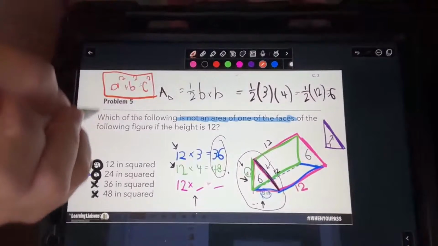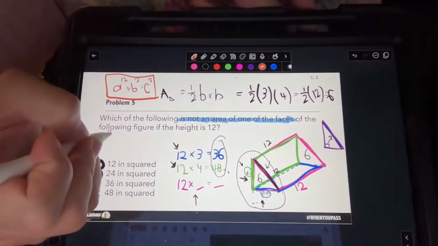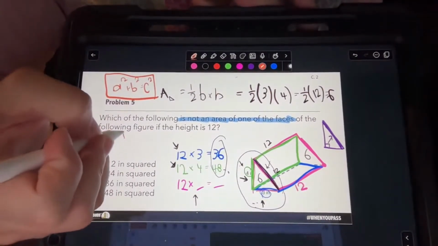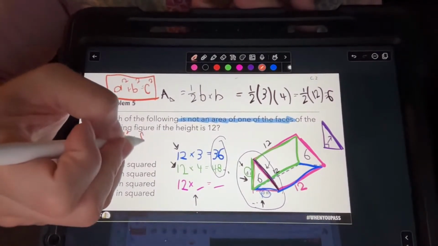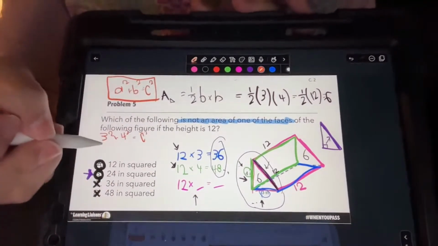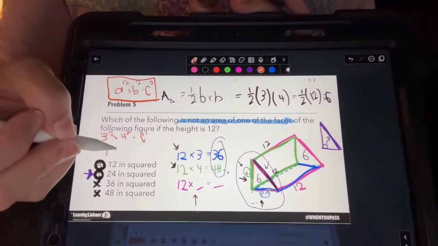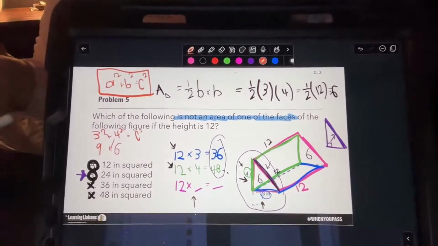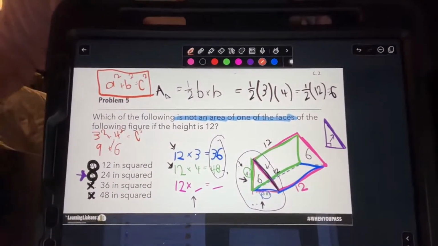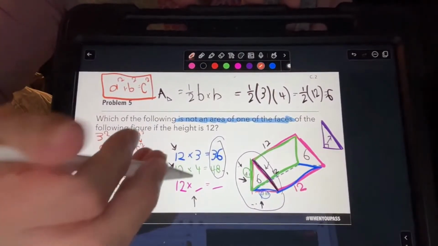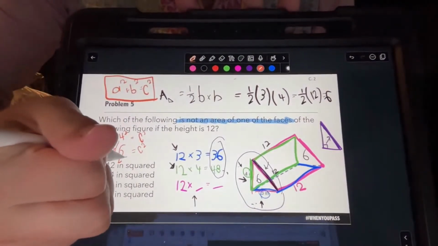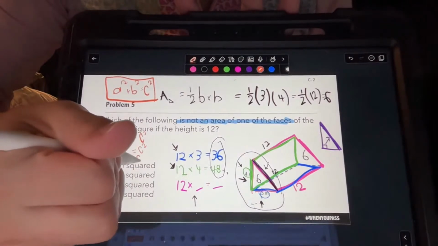So I can plug in 3 squared plus 4 squared, and that's going to equal C squared. 9 plus 16, because 3 times 3 is 9, and 4 times 4 is 16, equals C squared. 9 plus 16 is 25, equals C squared.